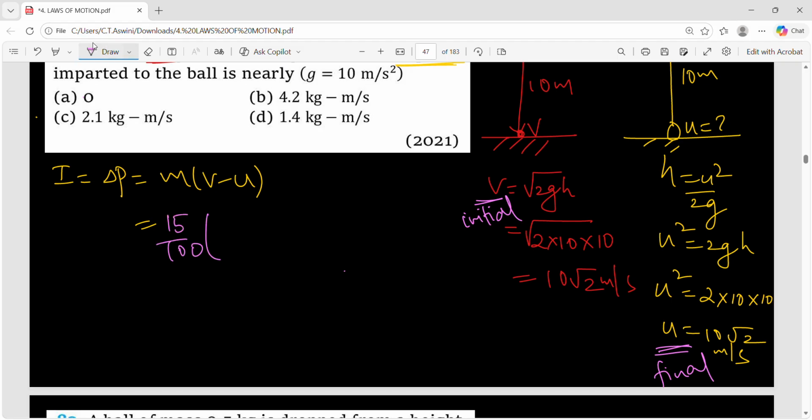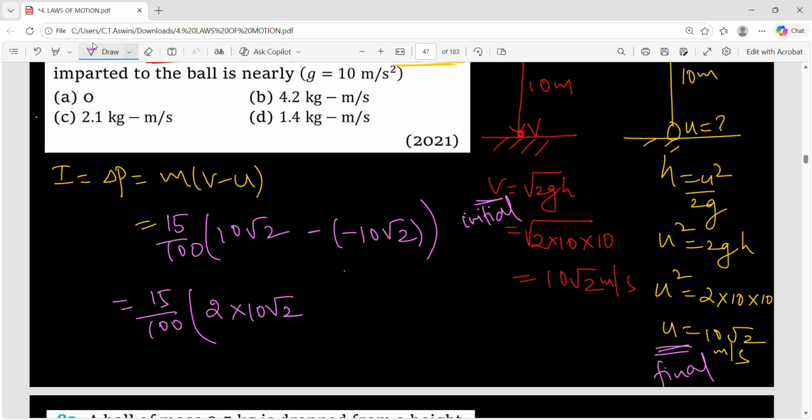Now just substitute that here. M is 0.15 kg. That means 15 by 100. What is the final velocity? It is going upward, so plus 10 root 2. Initial velocity, it is coming down, so minus 10 root 2. Vectors, right? Take with the sign convention.